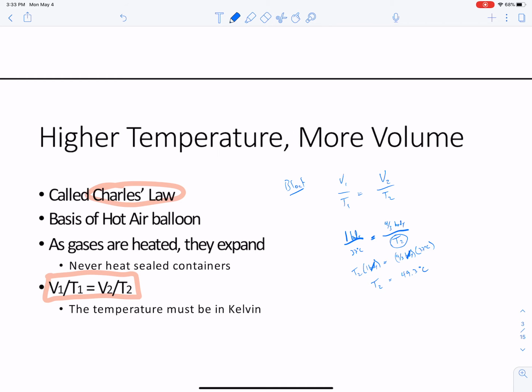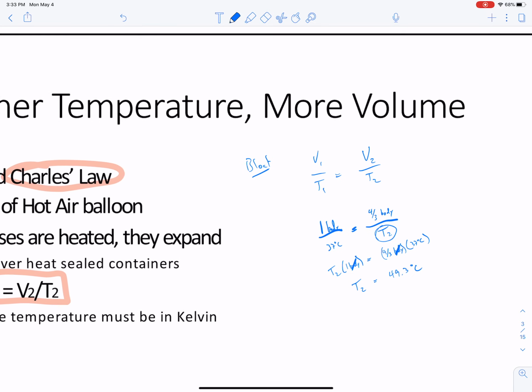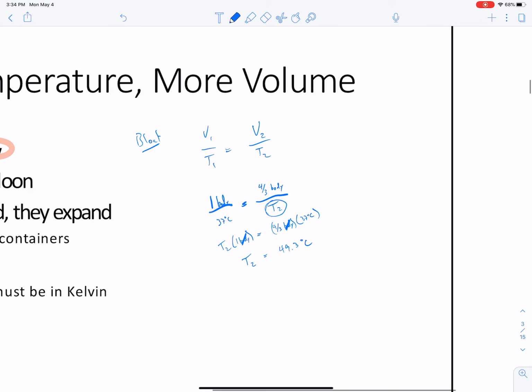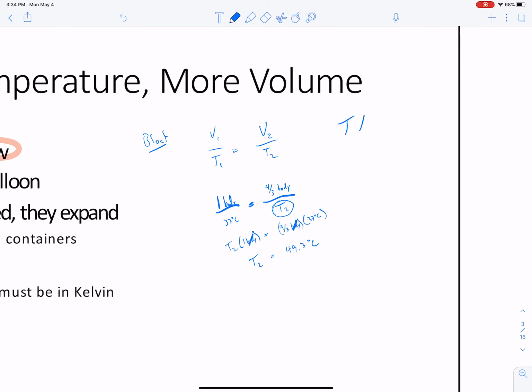And so what's going to happen is, as that temperature goes up, you're going to increase that volume. So a temperature increase can cause a volume increase. How might we shut down that volume increase and shut down that bloat?